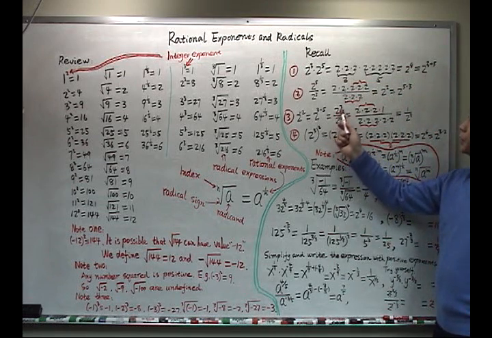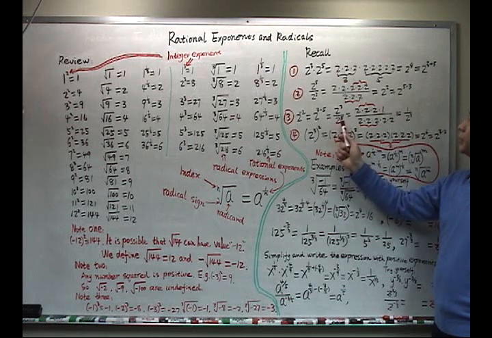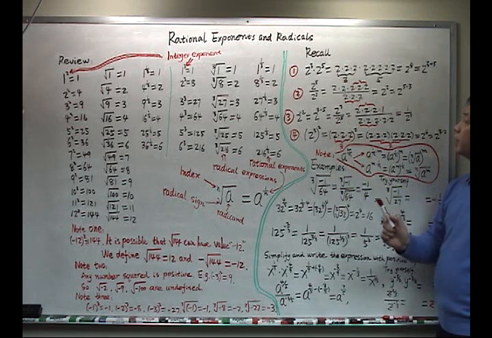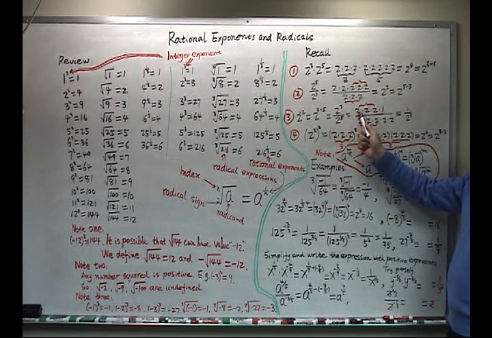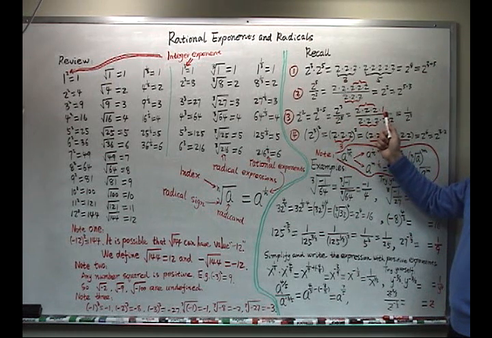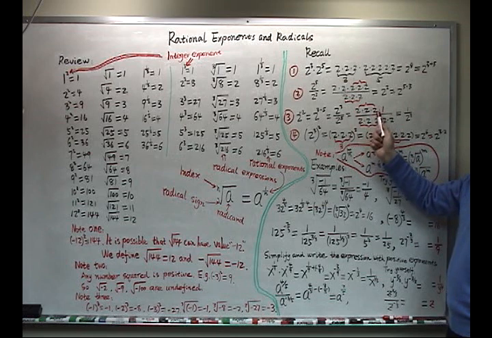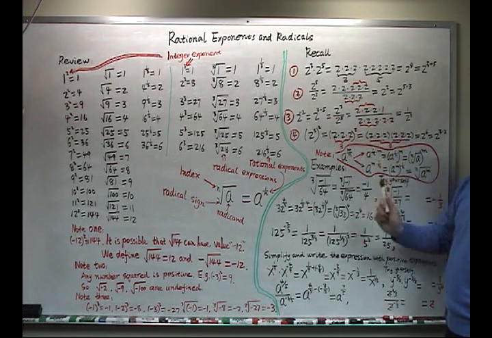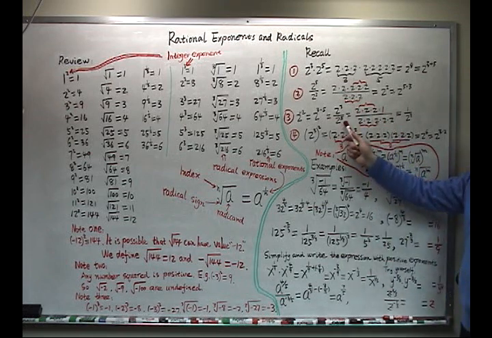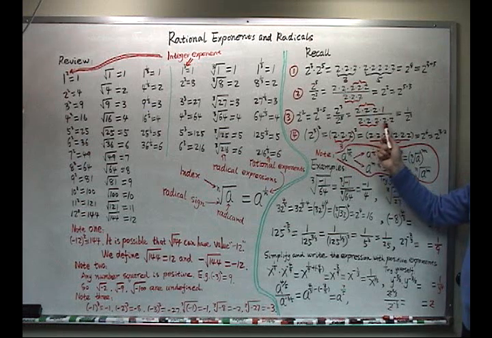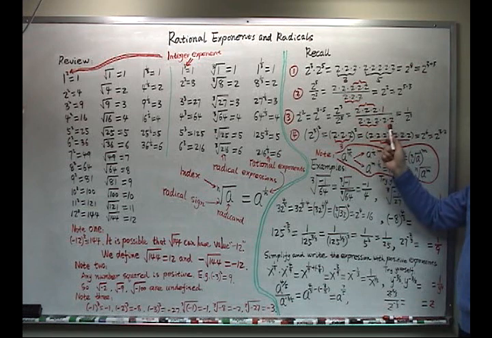If 2 cubed is divided by 2 to the 5th, we know 2 cubed is 2 times 2 times 2. Of course, you can put 1 here, because 1 times any number is that number. Now 2 to the 5th, downstairs there are 5 2's.